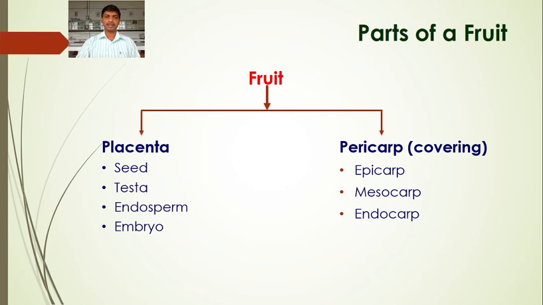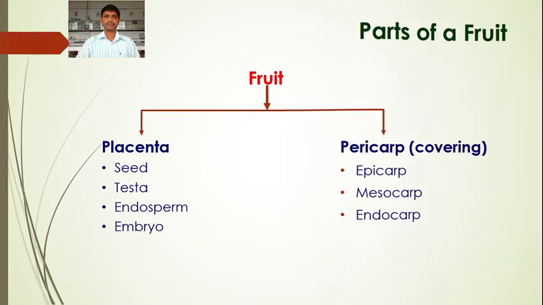The seed has a covering called the testa, and consists of endosperm and embryo. Okay, got it? Pericarp is the covering or fruit wall. Placenta bears the seed, and the seed consists of a covering called testa, endosperm and embryo. These are the parts of a fruit.